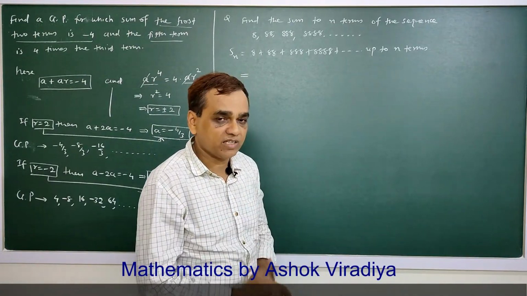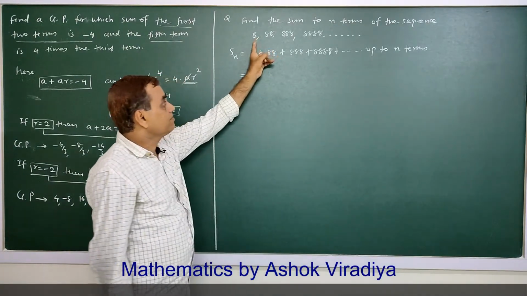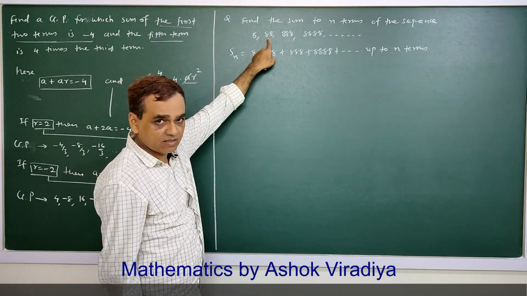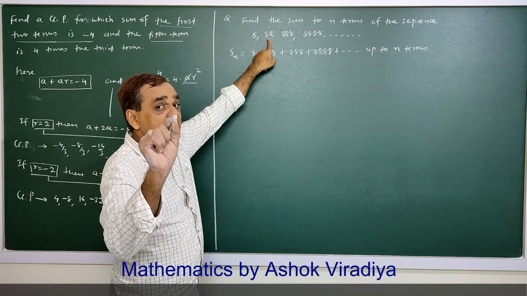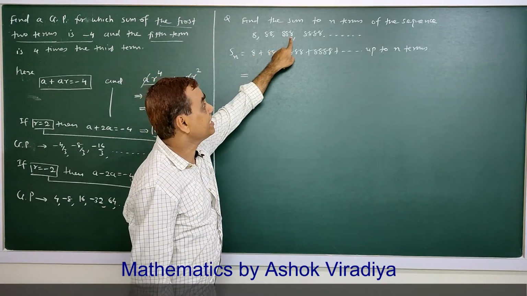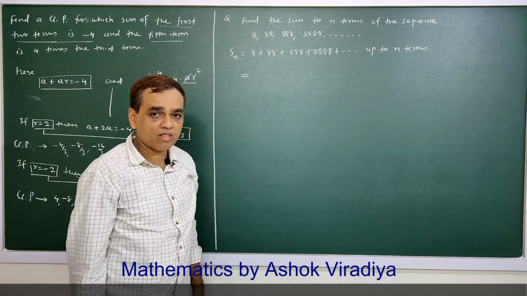Here 8 is given. Now look at this, 8 into 11 is 88, but 88 into 11 is not 888.